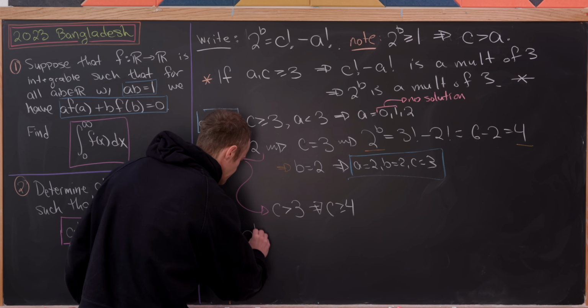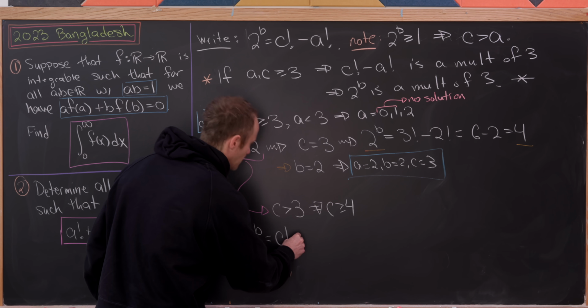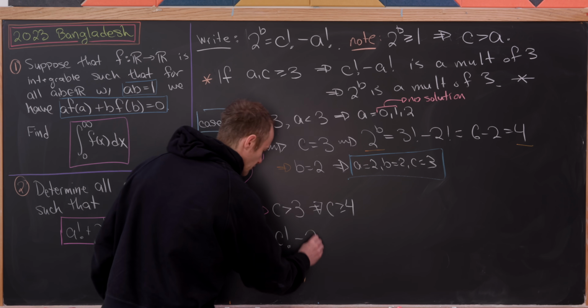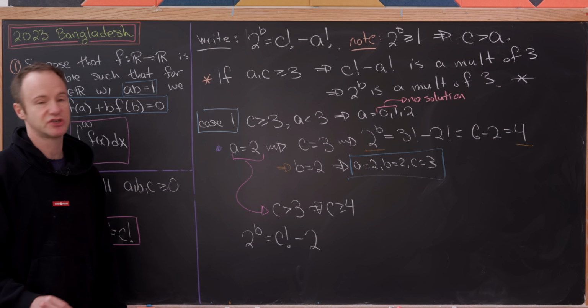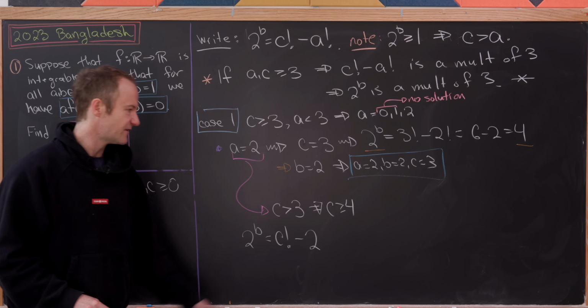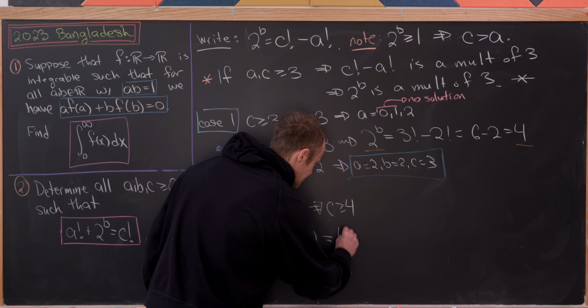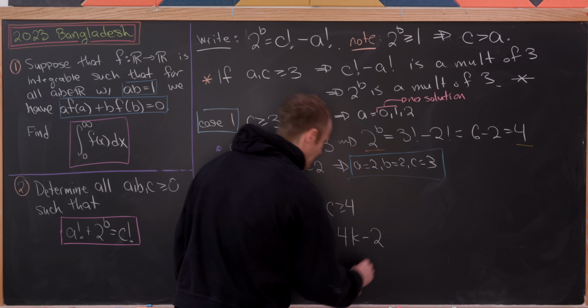Now we'll write 2 to the B as C factorial minus 2 factorial, which is C factorial minus 2. But now notice that C factorial is a multiple of 4. So I'm going to write this as 4 times K minus 2.